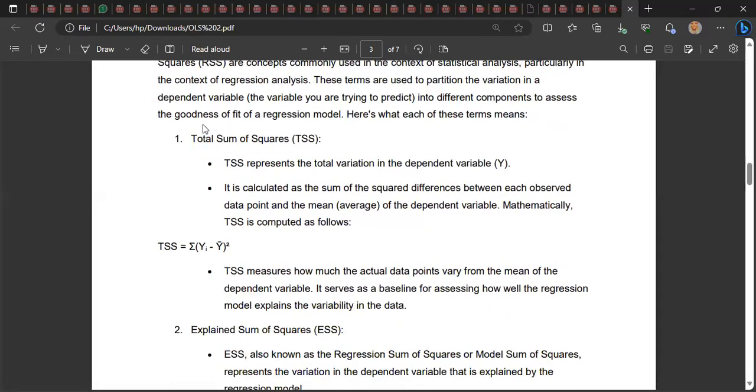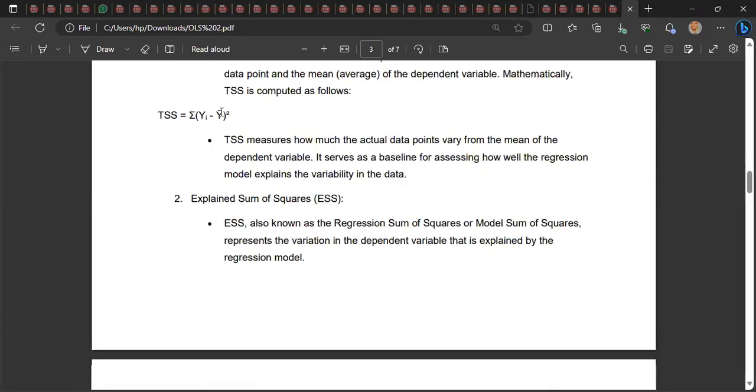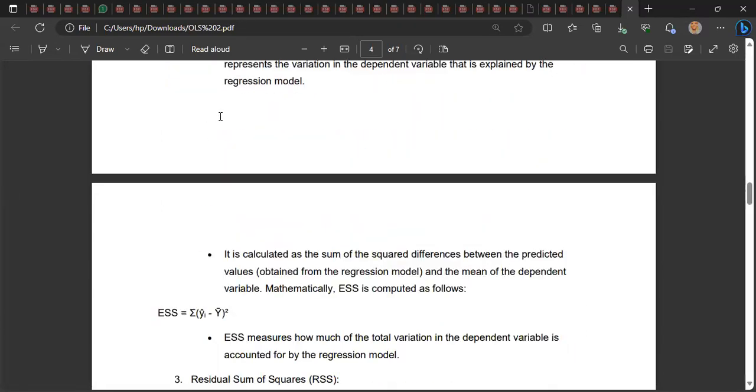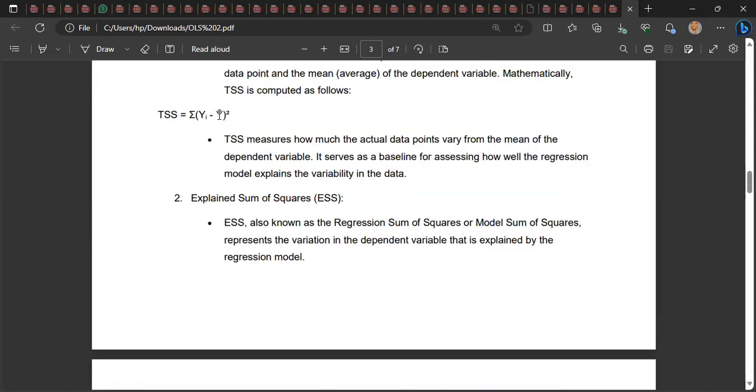This is all the variations between your y bar, your average, and the points that you are getting. So the total of those variations is your total sum of squares. In other words, any change in y is what we are talking about there.